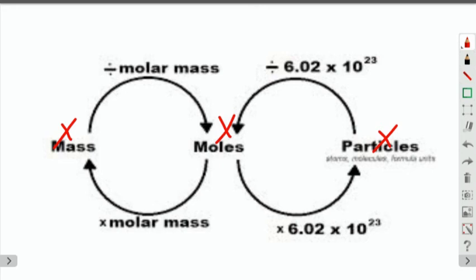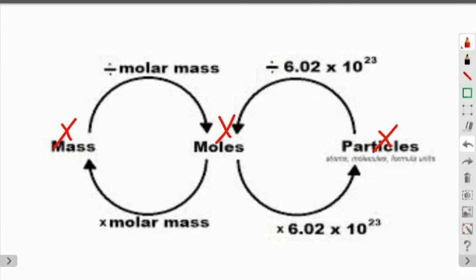In these problems, it's going to ask you to go from mass to moles sometimes, or sometimes from moles to mass. This chart tells you how to get from moles to mass. When you're asked to go from moles to mass, you have to multiply by the molar mass. And that's how you get from moles to mass.